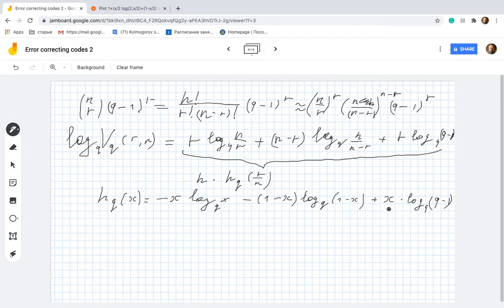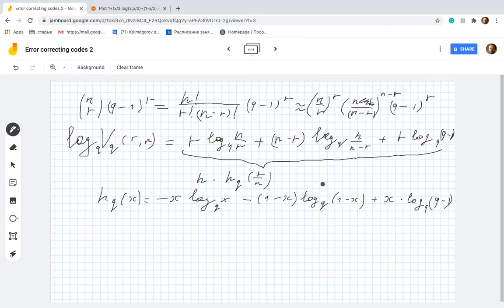But in the general case, it has this linear term. And when q is large enough, this linear term is actually very large. For q large, this is almost plus x. So this is the most important term, and the Shannon function is very close to just the linear function x.